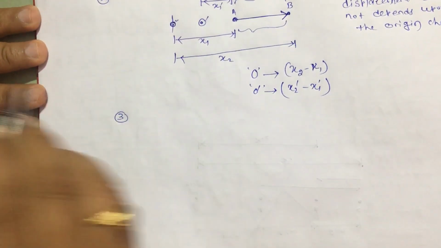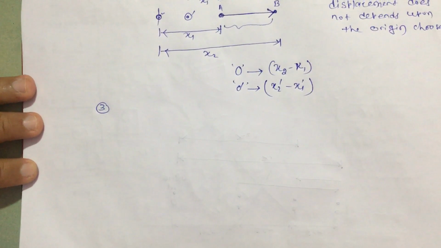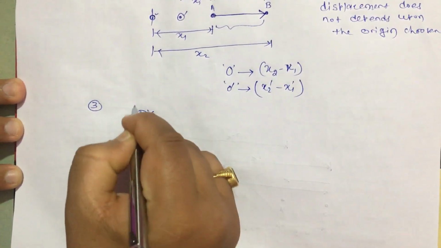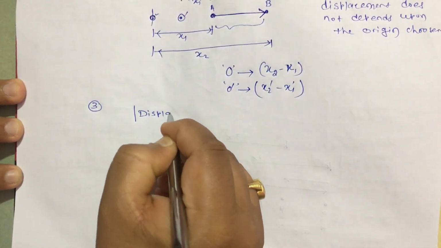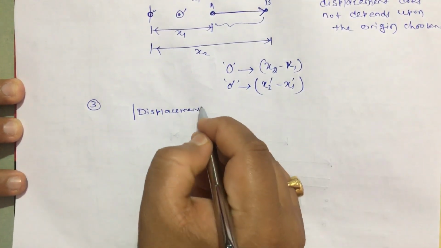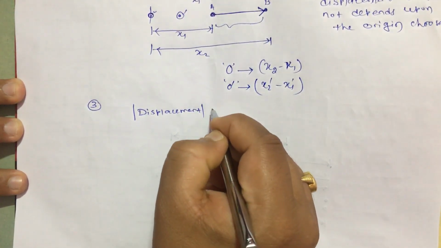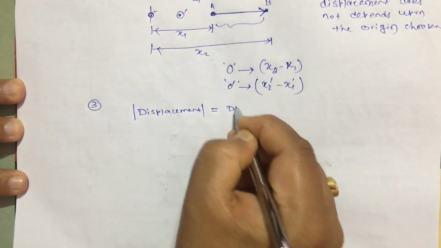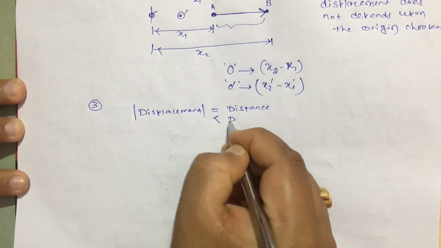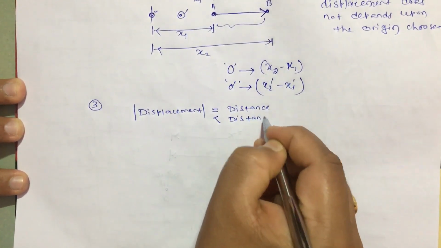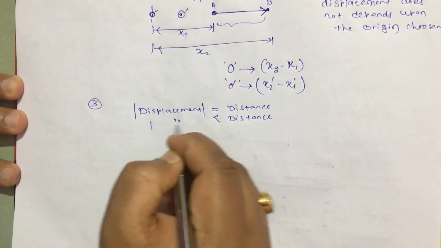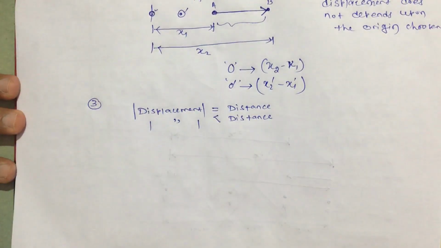Let us come to the third point. Third point is about the magnitude of the displacement. Magnitude of the displacement means I am not talking about the direction. Magnitude of the displacement can either be equal to the distance or it may be less than the distance, but it is not possible that the magnitude of displacement will be greater than the distance. Why?